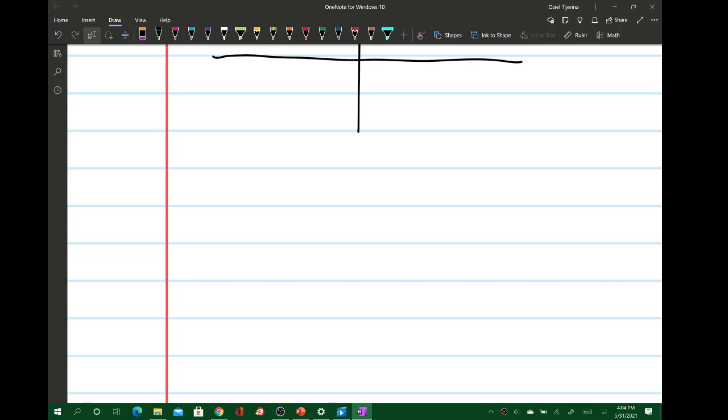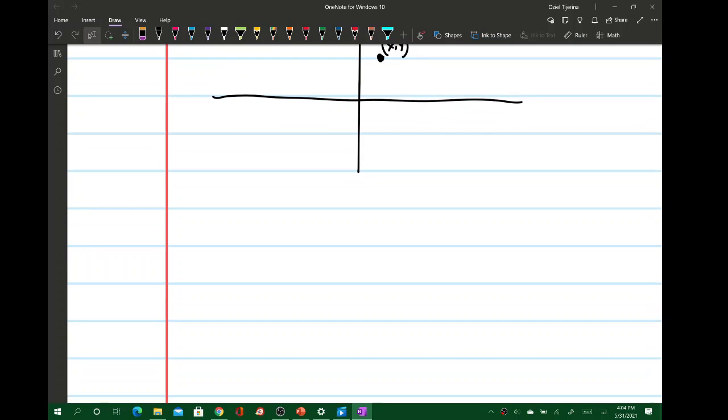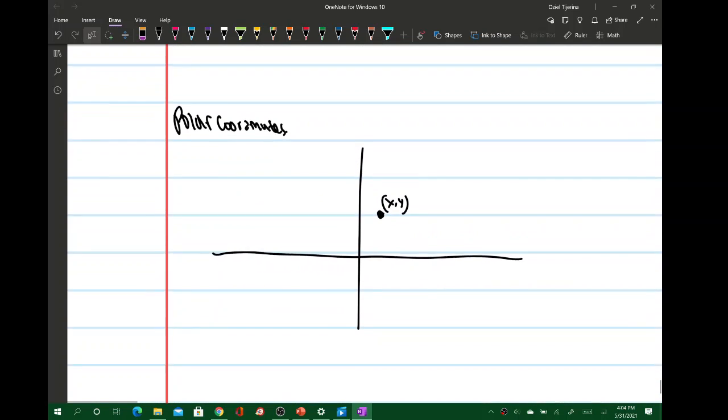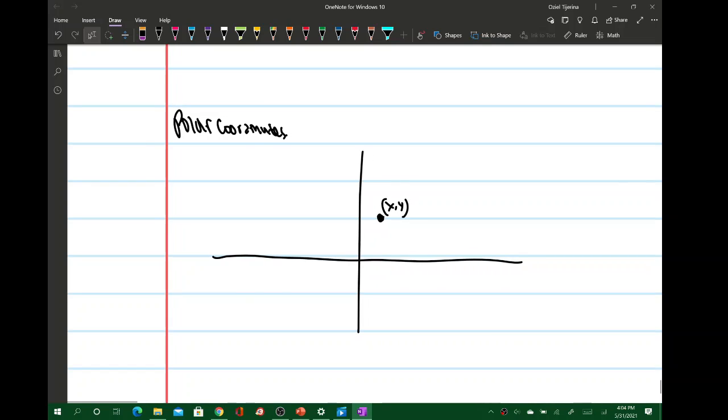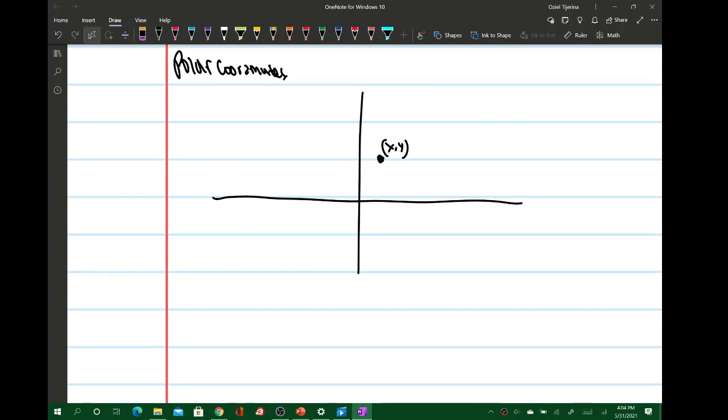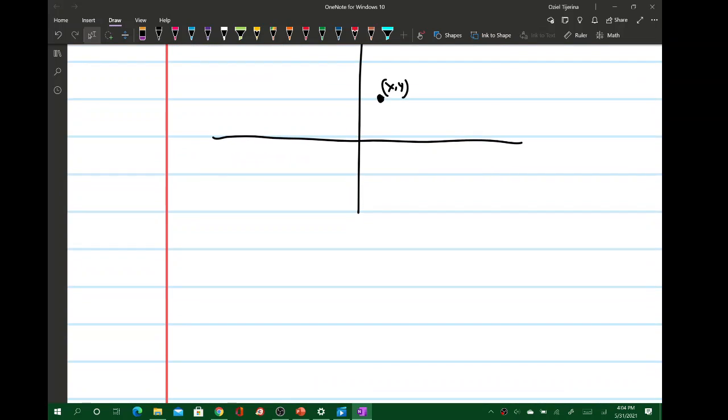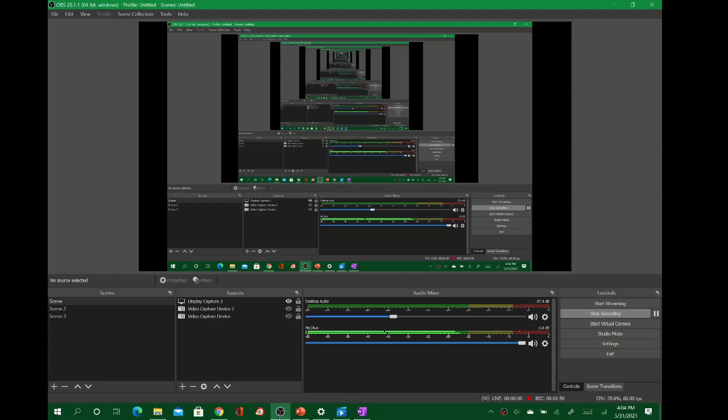Once you get to Cal 2, you do polar coordinates again. So this is very important for Cal 2. You do learn these in pre-calculus, but you don't look at them again until Cal 2, basically.